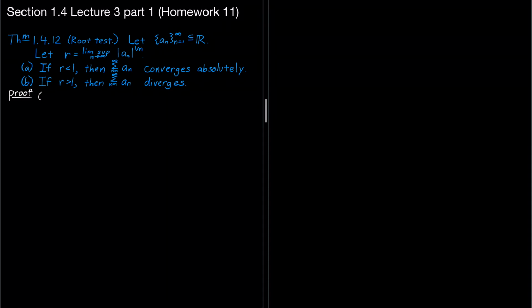Let's look at part A first. Part A is really the interesting part. So let's let x satisfy x is bigger than R but less than 1. By the nature of the real numbers, x has to exist.